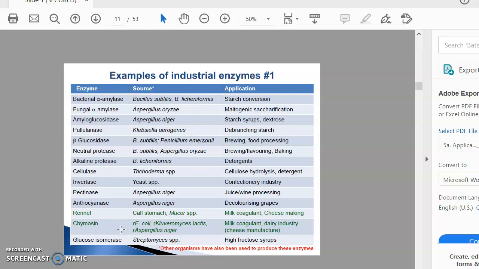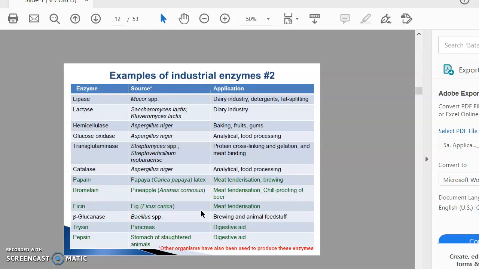I probably just pick one, which is the most famous one, the rennet, or I think another name for rennet is chymosin, that is used to coagulate the milk and produce the cheese.